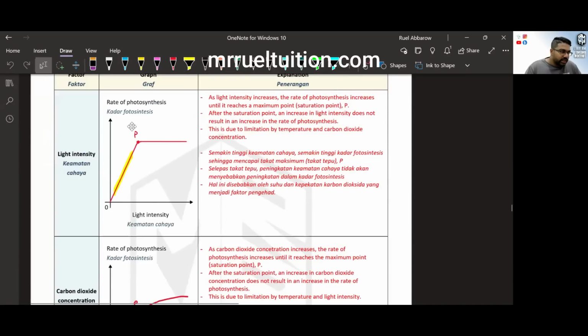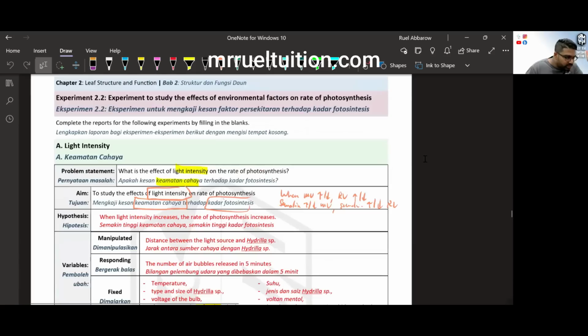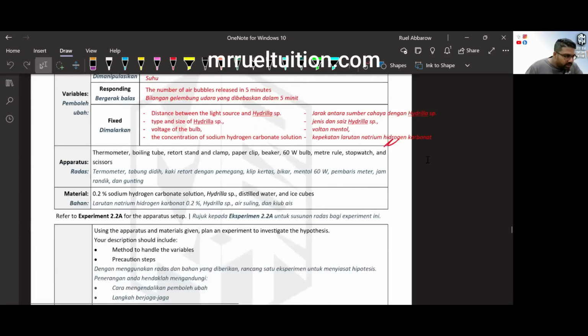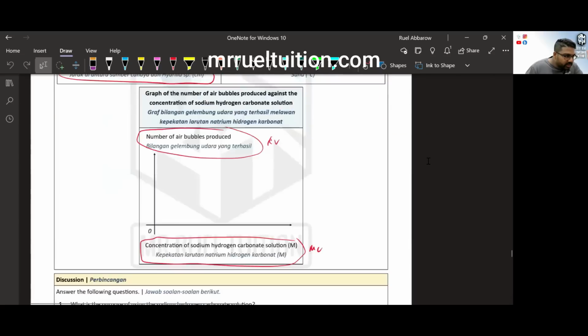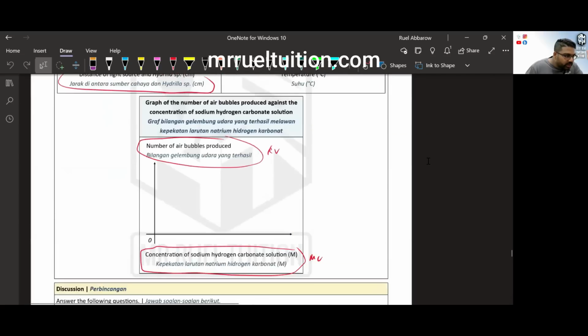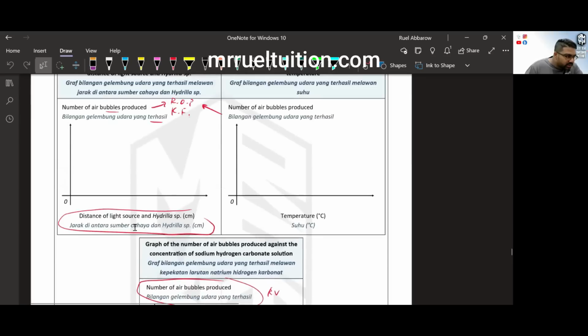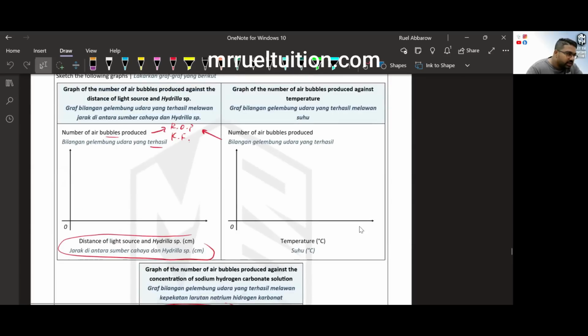But theoretically, these are the graphs. When it is light intensity, you should get a straight line. However, if you're doing distance of the light bulb from the plant, then, let me show you. I have one here. If we are doing distance of light source from the hydrilla, then the graph that you should get is like this.